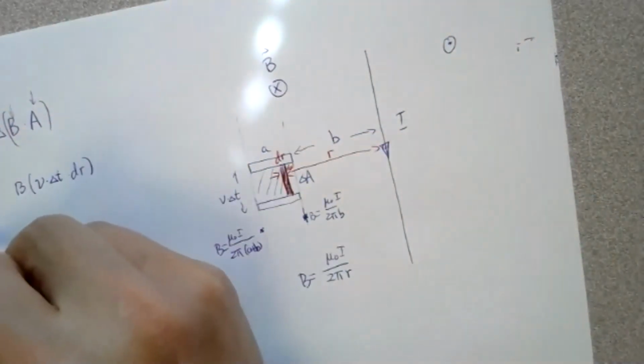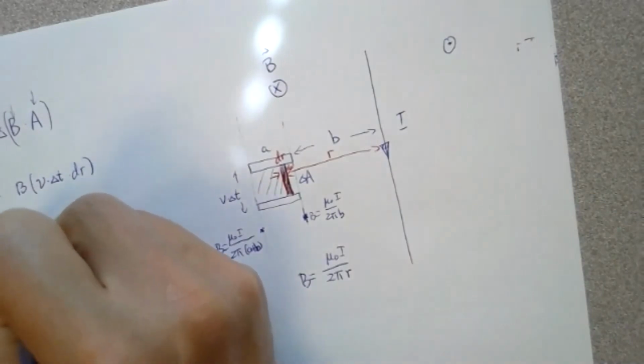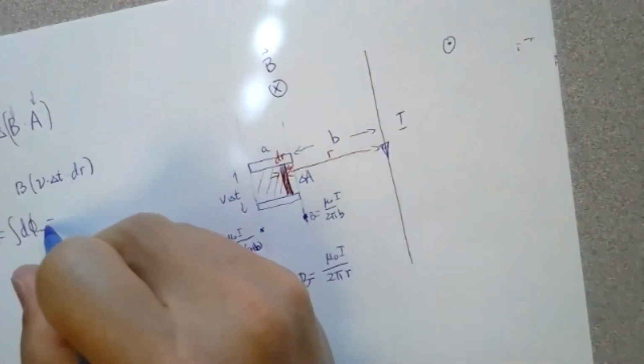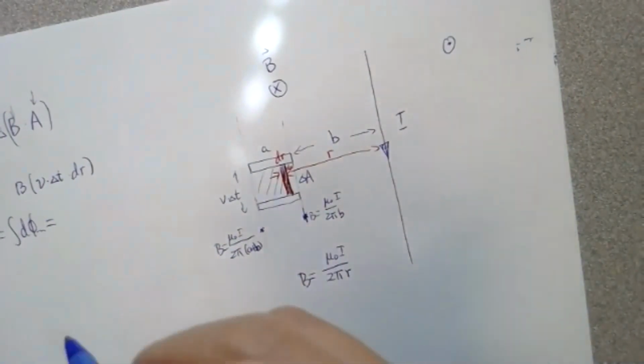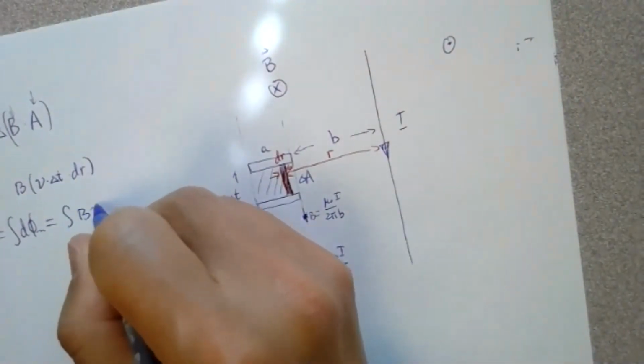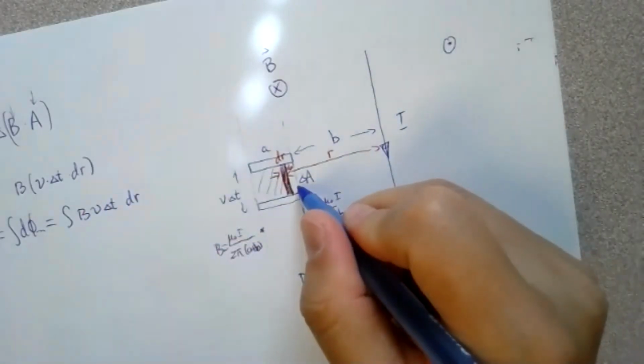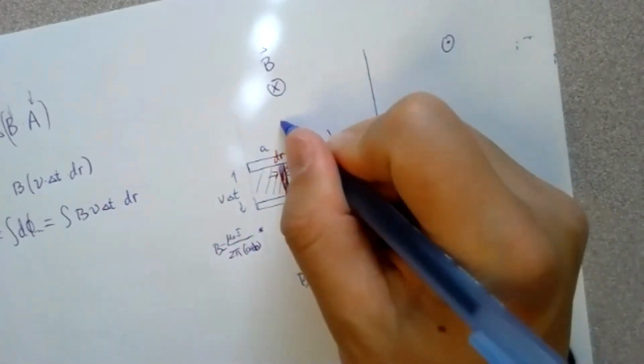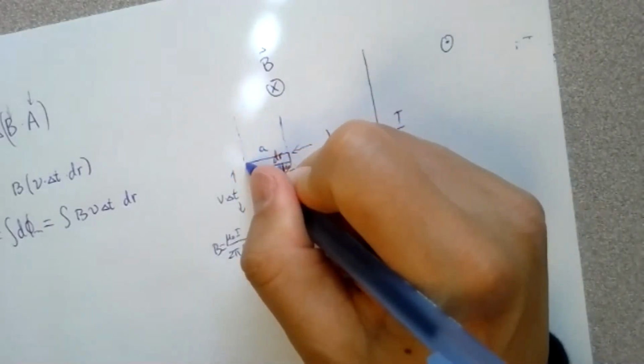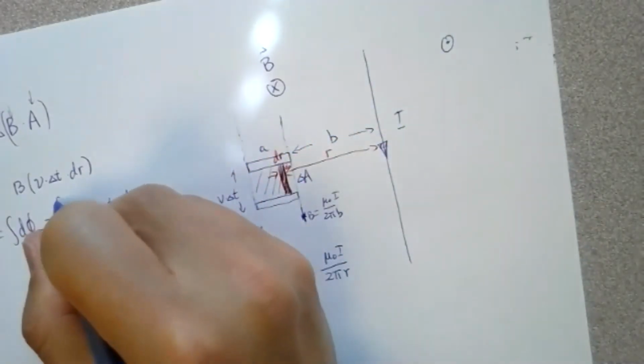So for delta flux, the magnetic flux should be the integration of d flux, equal to the integration of B v delta t dr. You integrate from b here all the way to the other side of the rod, so from b to a plus b.